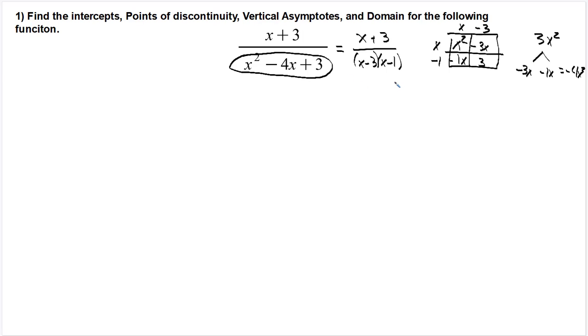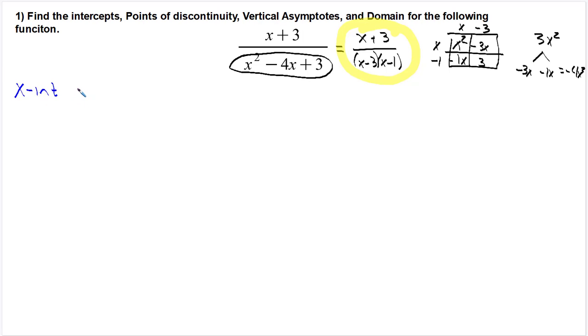So here is my factored solution. And this is what I use to help create each of my other things. So let's go ahead and find our intercepts first. Let's find our x-intercept.